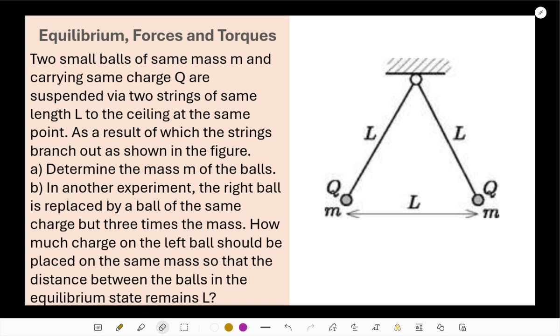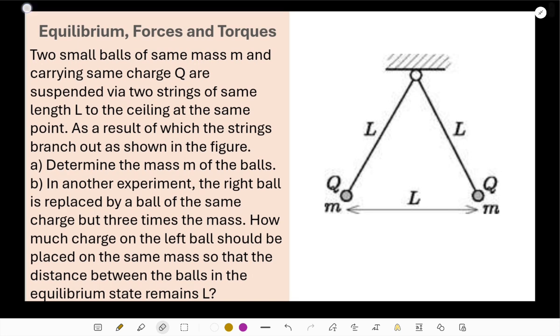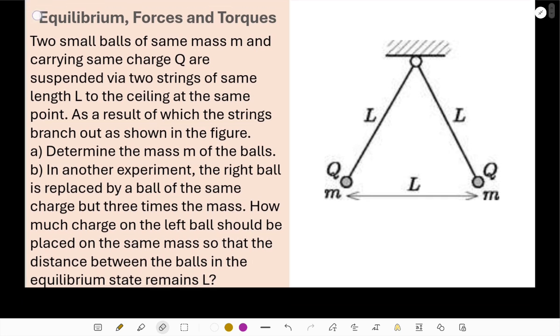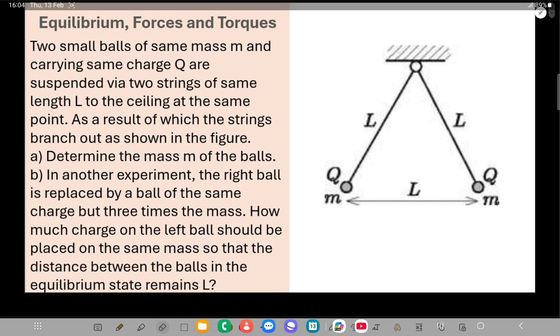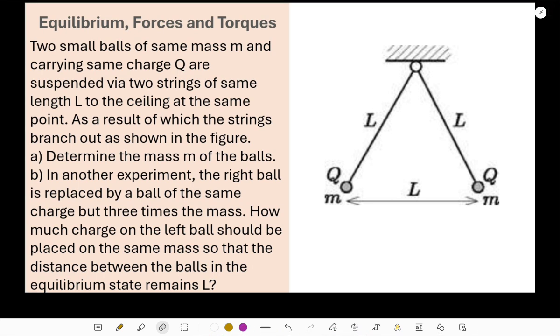Here is one problem related to equilibrium, forces, and torques. We have two small balls of the same mass and carrying the same charge Q, suspended via two strings of the same length L on the ceiling at the same point.